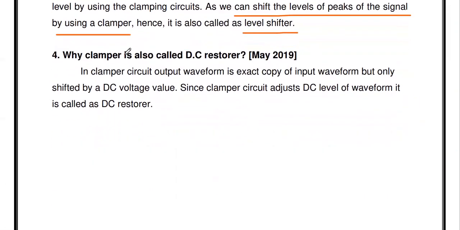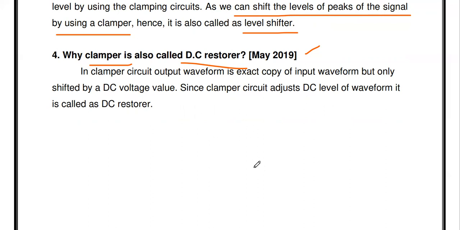Then the next one: why is a clamper also called a DC restorer? It is a university question, May 2019. In a clamper circuit, the output waveform is an exact copy of the input waveform, but the waveform is shifted by a DC voltage value, either positive or negative.